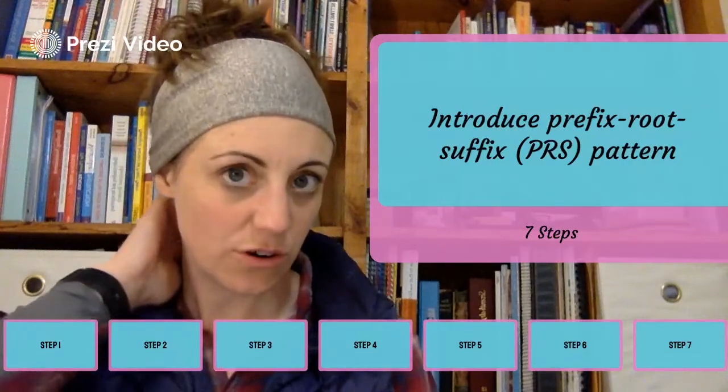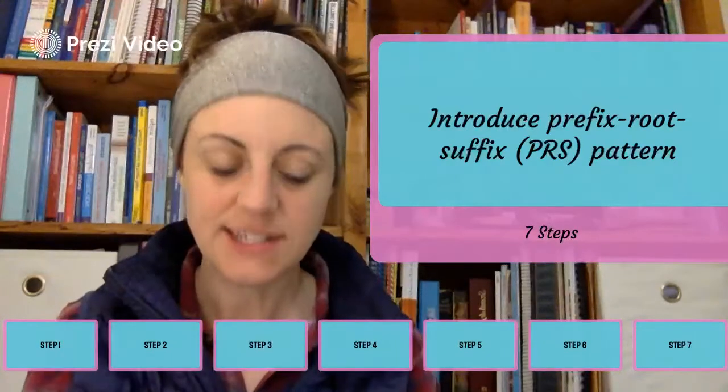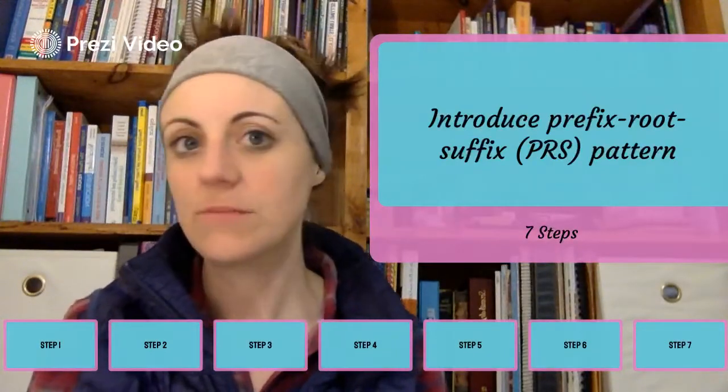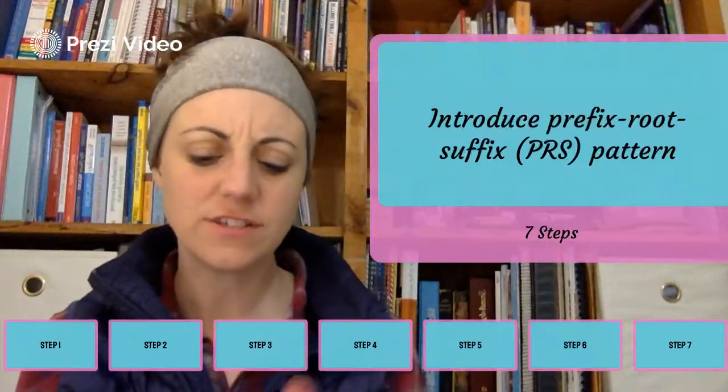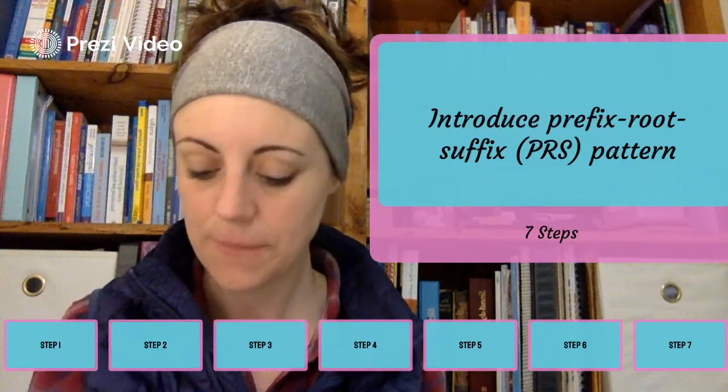Now, when you've picked your patterns to teach your students, you're going to be looking for patterns either with prefixes or roots or suffixes that you can explicitly teach to them.